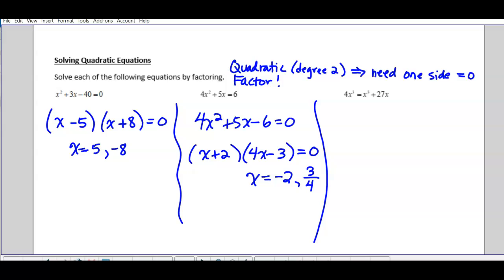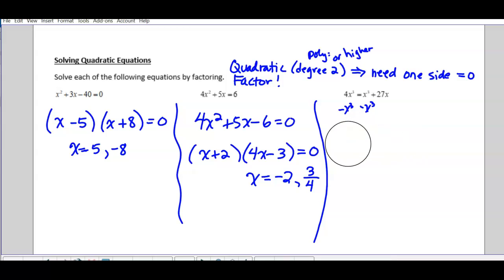Okay, take a look at the next one. It's actually not quadratic. You see degree 3. But even if it's degree 2 or higher, that's a polynomial. Then you still want everything to be 0 on one side. So when I subtract x cubed, I get 3x squared equals, oh, actually I want everything on the left.